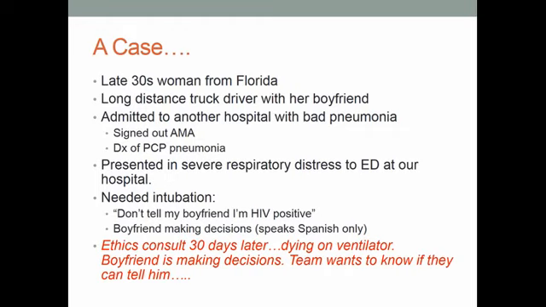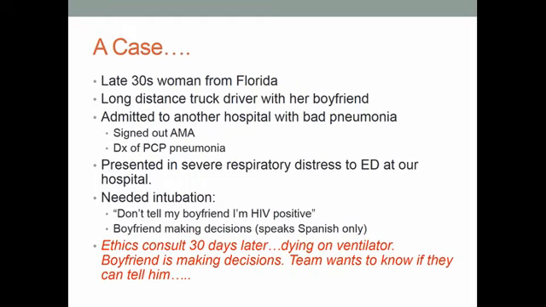Now, the boyfriend was the only one available to make decisions. He spoke Spanish only. And he was loyally by her side on a daily basis while she was in the intensive care unit, getting worse and worse. She blew blebs, she needed chest tubes, and we got an ethics consult actually 30 days into this as she was dying on the ventilator.